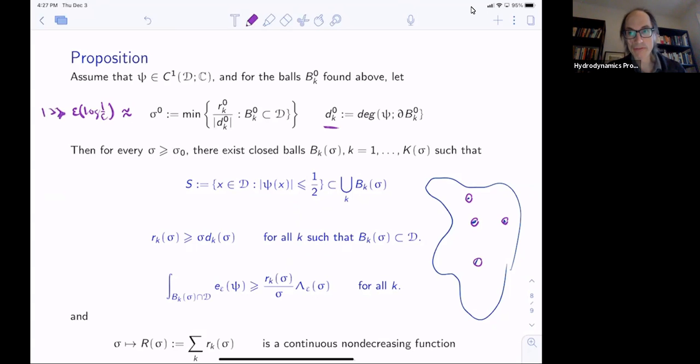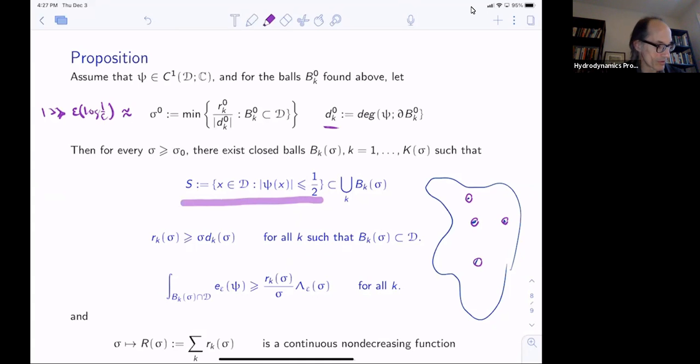And so then for every larger value of sigma, for every sigma bigger than sigma naught, I can find a collection of balls that continue to cover the set where psi is small. And what happens as I increase sigma is basically that I'm increasing the radii of the balls.